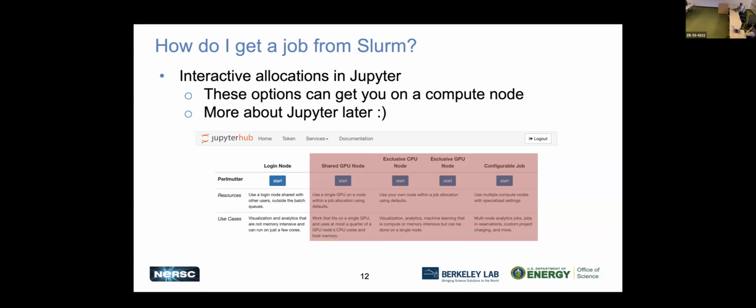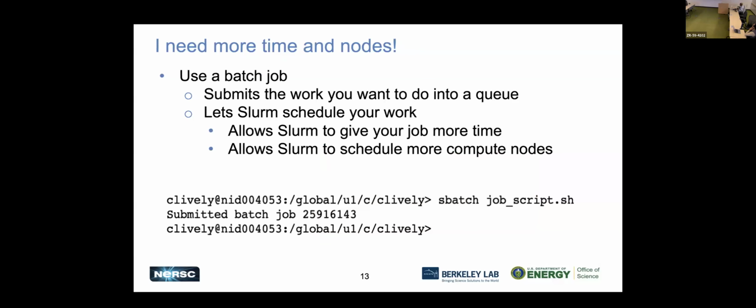You can do a login node, you can request a shared node, exclusive CPU node, exclusive GPU, or you can configure for specific settings. So these are a few different ways in which you can request an interactive allocation with Jupyter. But again, you have limitations with that.